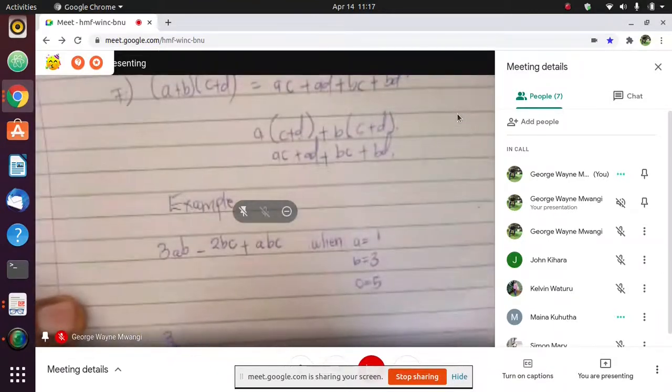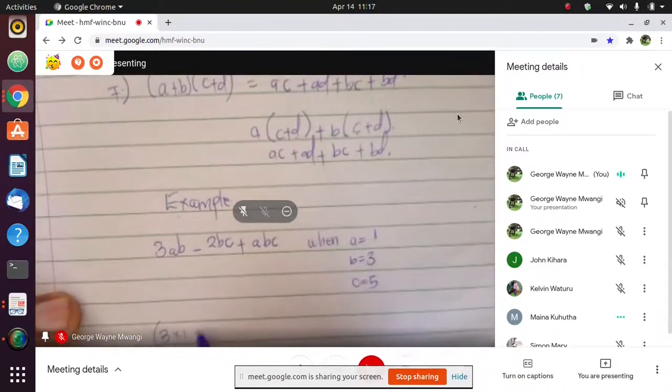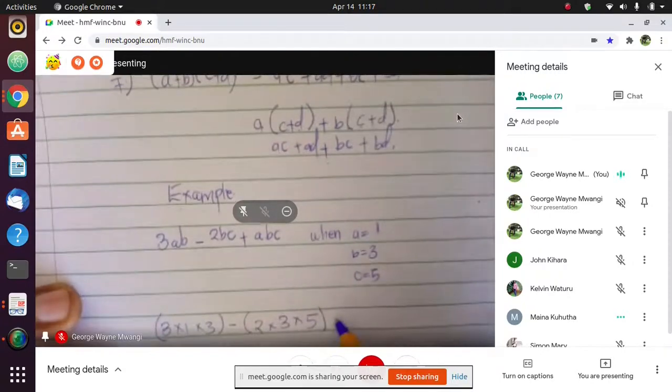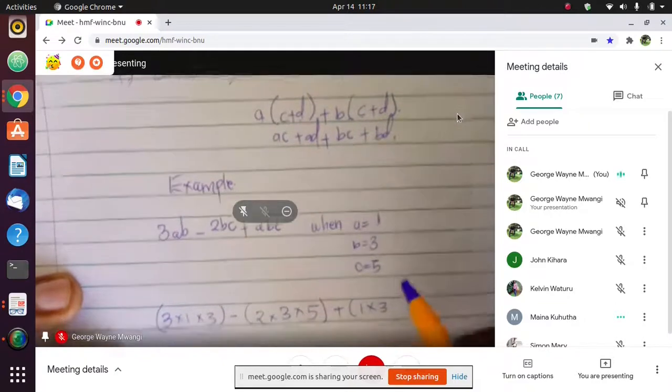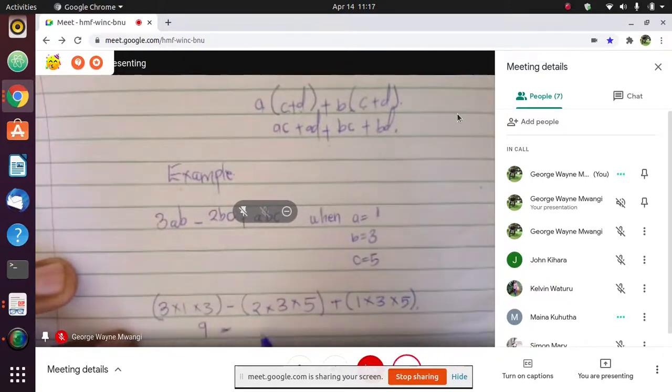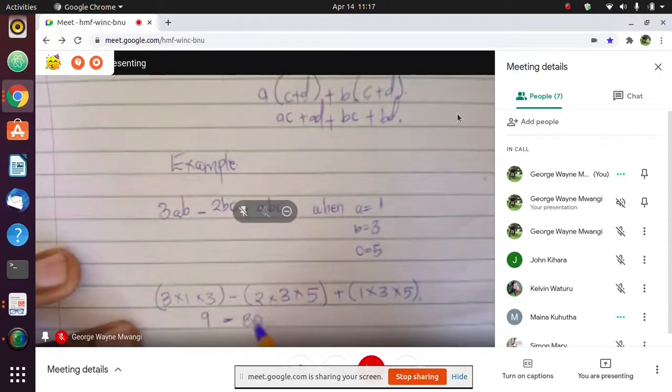So 3 times 1 times b, which is 3, minus 2 times b, which is 3, times c, which is 5, plus a, which is 1, times b, which is 3, times c, which is 5. 3 times 3 will give us 9, minus 2 times 3 times 5 will give us 30, plus 1 times 3 times 5, which will give us 15.